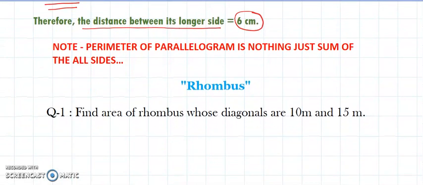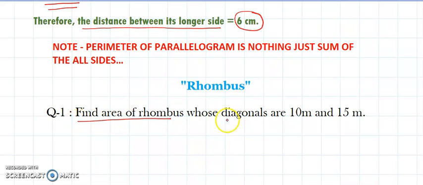In the rhombus, in question number 1, we have to find out the area of the rhombus whose diagonals are given as 10 centimeter and 15 centimeter. Diagonals are the joining lines of two opposite vertices.